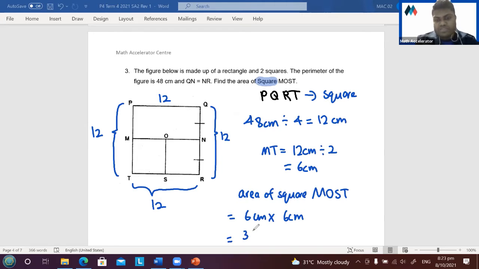So that will equal 36 cm squared. You have about a minute to copy this down.